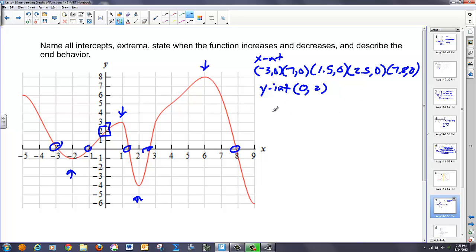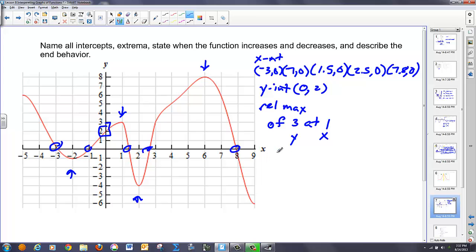We say we have a relative max of, let's look for our y values. That appears to be at 3, and it happens at an x value of 1. Once again, y values are what the maximum values are, and where they happen are the x values.